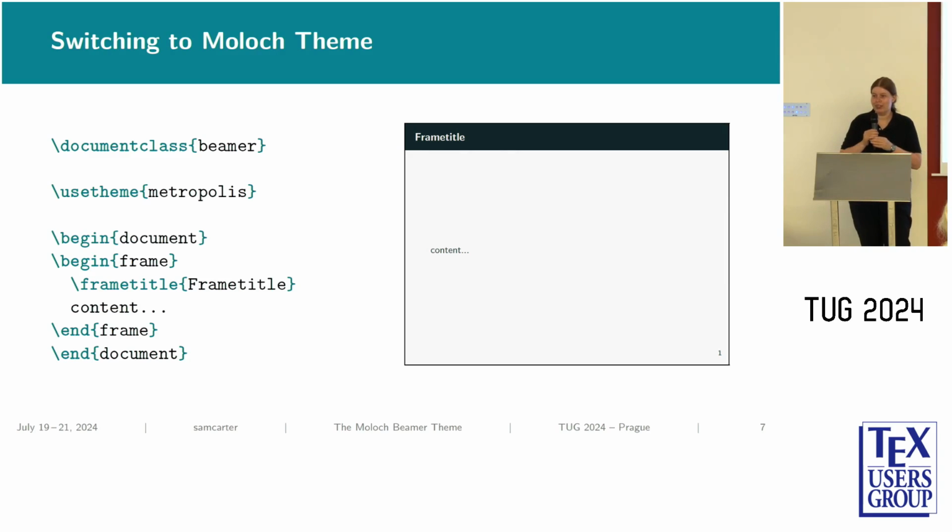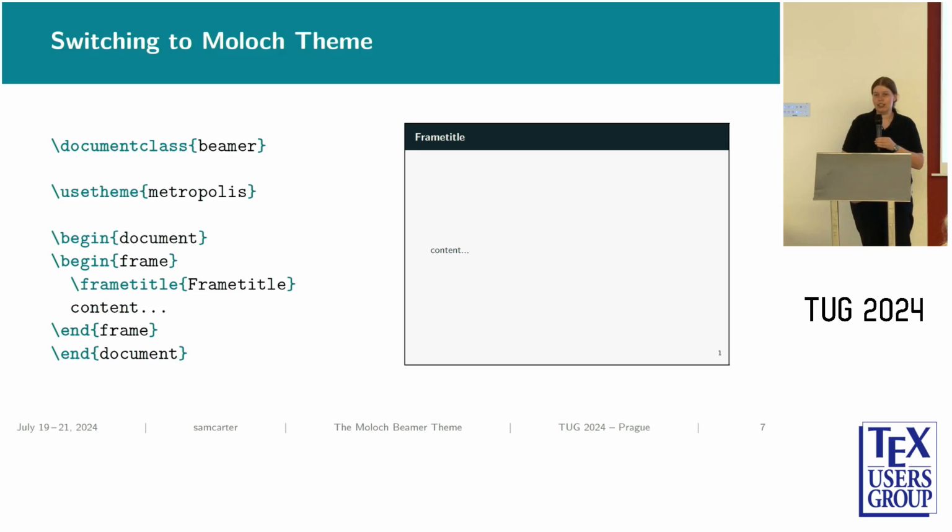And now that we've determined that the Moloch theme is so much better and better maintained, and solves a lot of problems, we probably want to know what we have to do to switch from the Metropolis theme to Moloch. Here is a simple example of a typical Metropolis presentation.